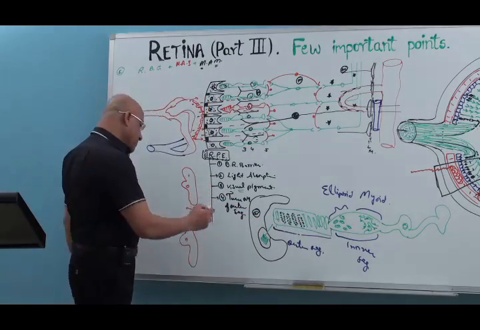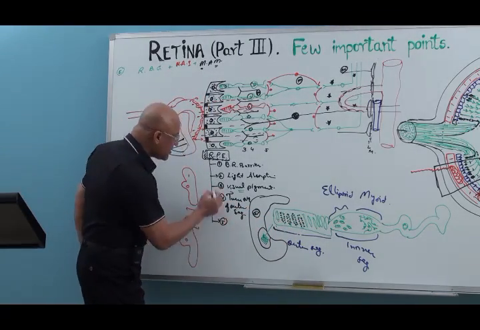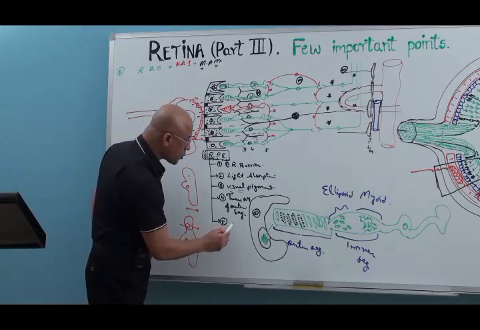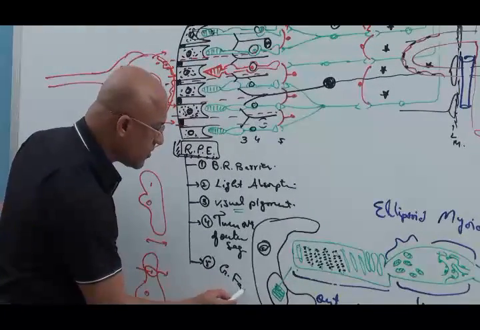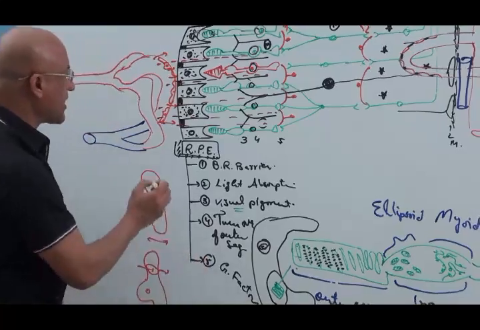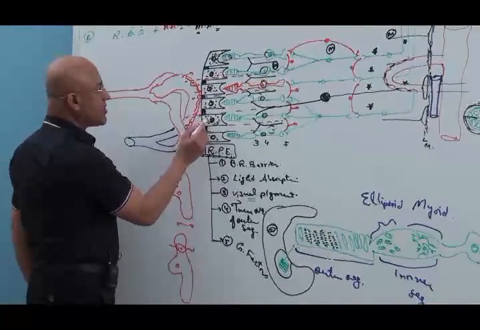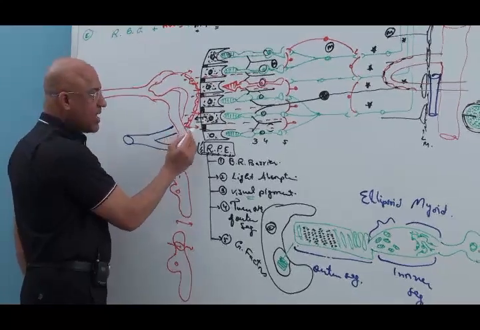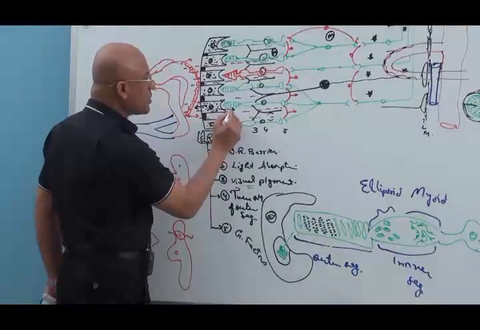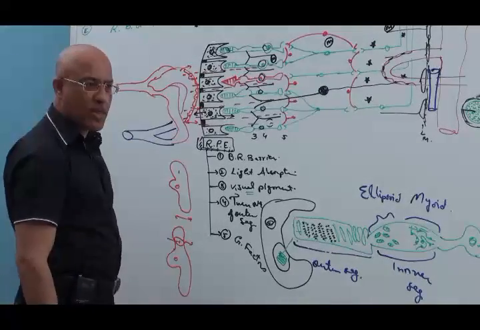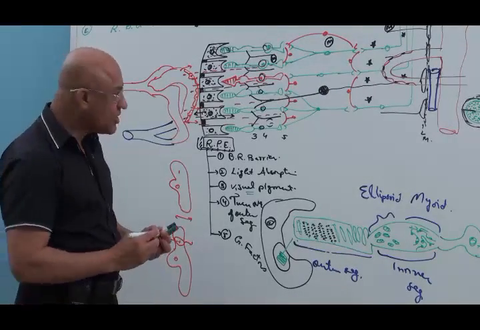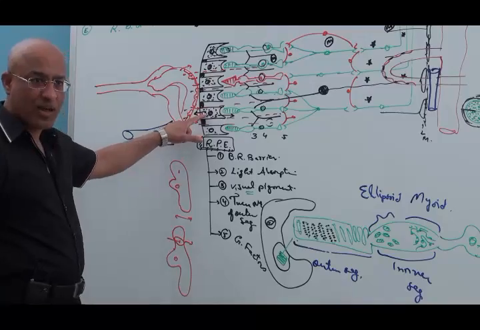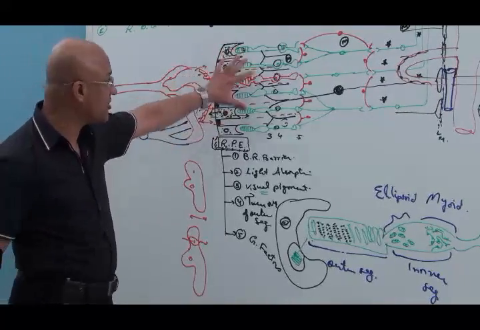And now we know that this epithelium also produces growth factors. These growth factors are released to the choriocapillaries, and also to the rod and cone layer. And these growth factors are very important for maintenance of the whole structure.